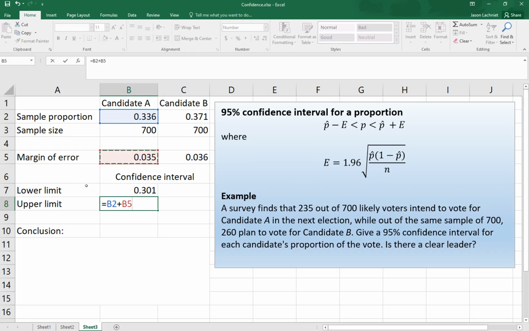Just doing the simple computation, an addition or a subtraction, and always remembering to begin any computation in Excel with an equal sign. That evaluates to 0.371. So what can we say about candidate A? We have 95% confidence that their proportion of the vote will be between 0.301 and 0.371, or 30.1% up to 37.1%.